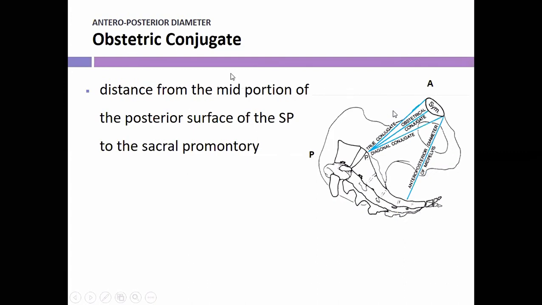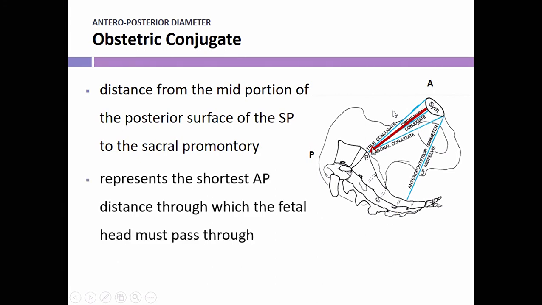Now, another conjugate on the AP diameter of the pelvic inlet is the obstetric conjugate. This is the distance from the mid portion of the symphysis pubis to the sacral promontory. Now, this obstetrical conjugate represents the shortest anteroposterior diameter of the pelvic inlet through which the fetal head will pass.